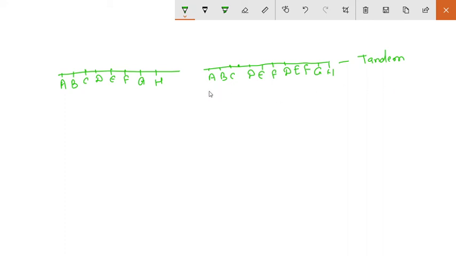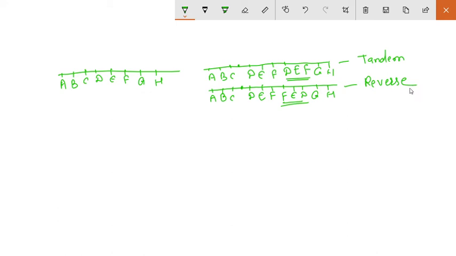Okay, but when this sequence gets changed, that is A, B, C, D, E, F, F, E, D, G, H, it is a reverse duplication.